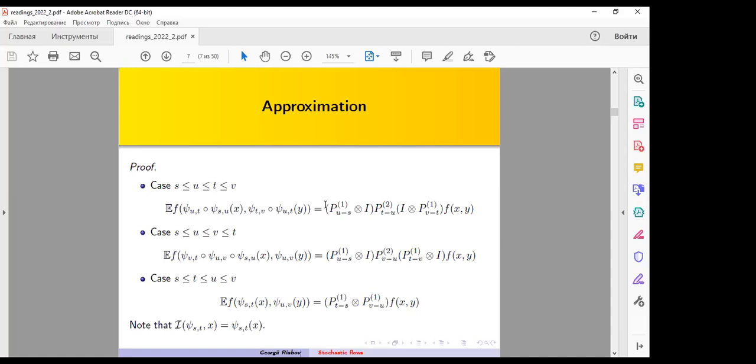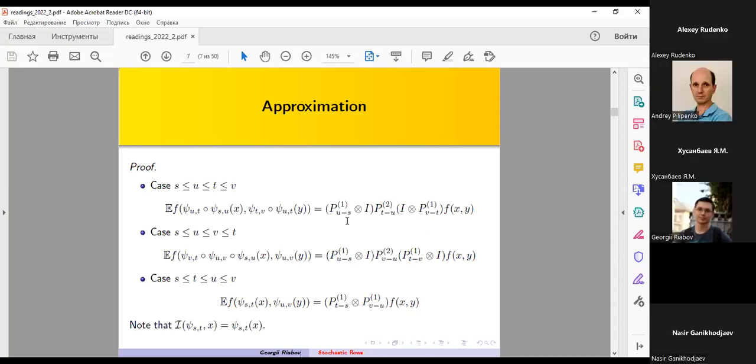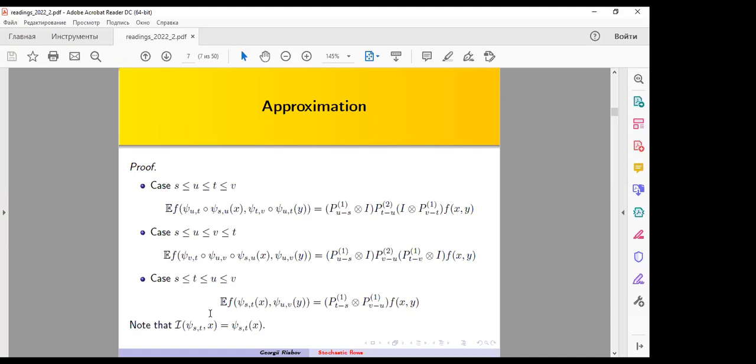And we see that this expression is continuous. Actually, other cases are the same, and here, in order to apply the Fubini theorem, we know that psi coincides with its measurable presentation by construction.